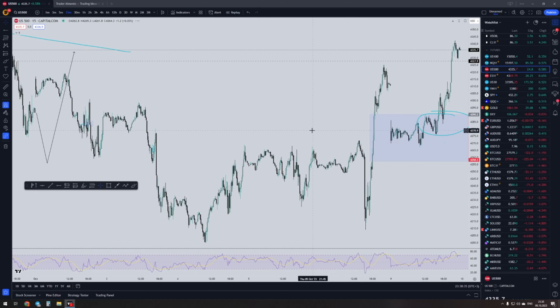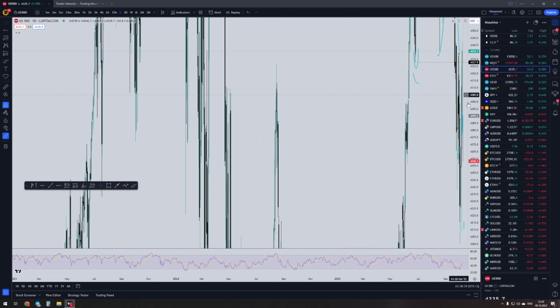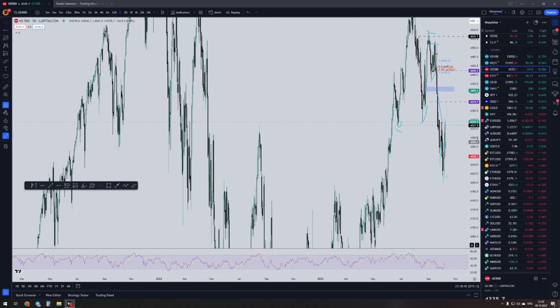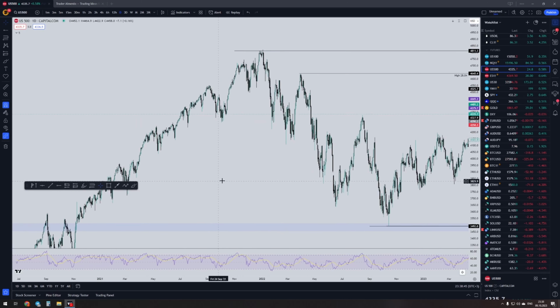Also, it allows you to look back in the past, because with the free version you will be able to look back only 10,000 candles. That's all.